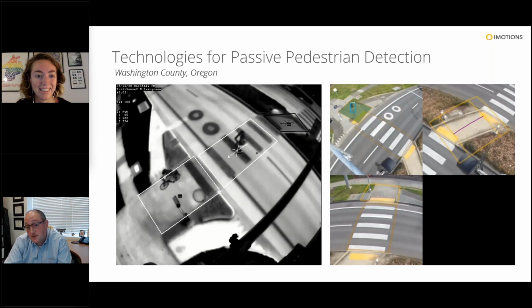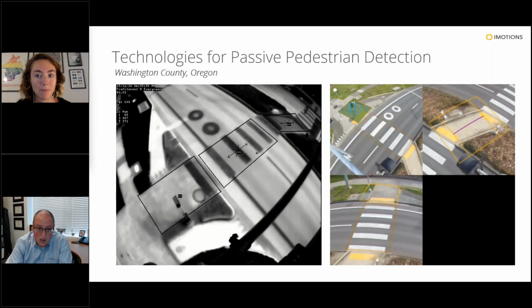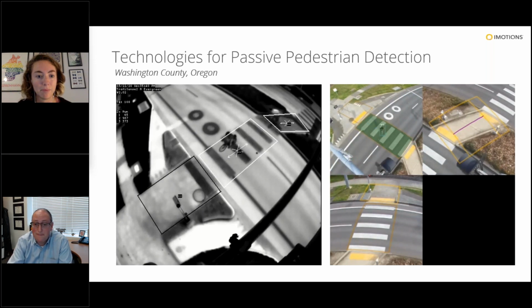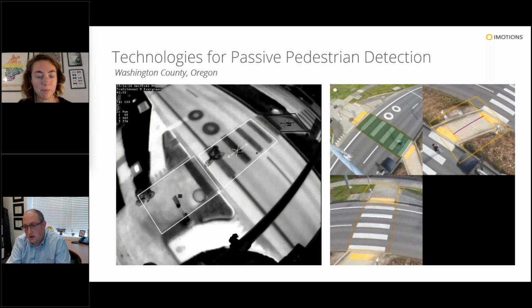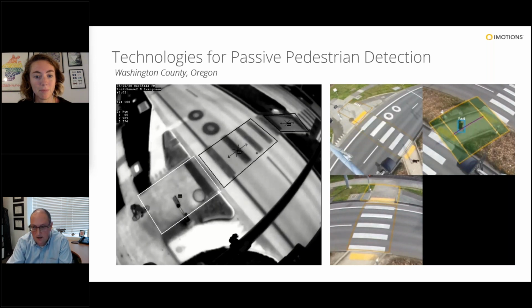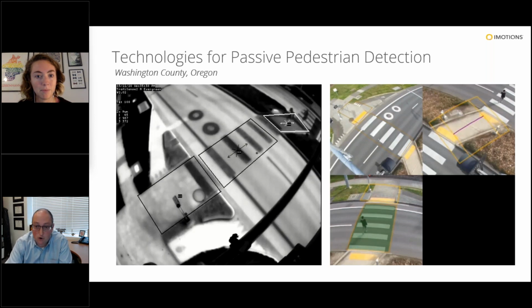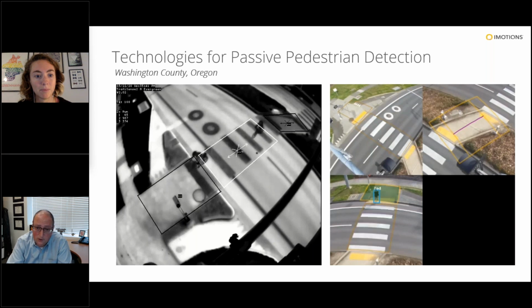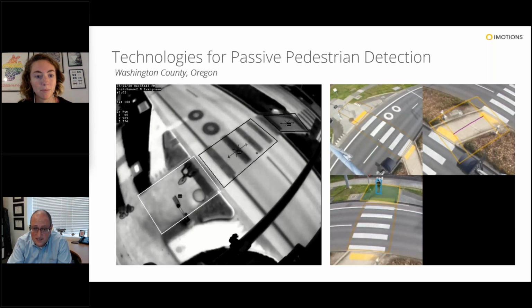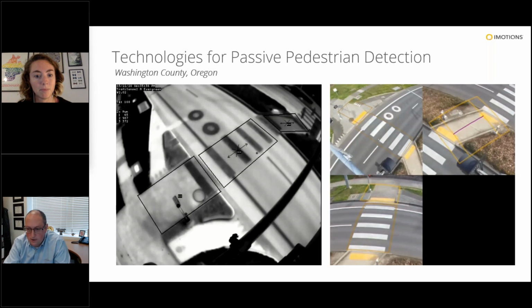Here's a second example of an outcome from the lab's work in Washington County, Oregon. Here we're looking at technologies for passively detecting bicycles and pedestrians at a particularly long street crossing with a median divided island. On the left, you're looking at the outputs from thermal detection, tracking the positions of bikes and peds all the way across the roadway.